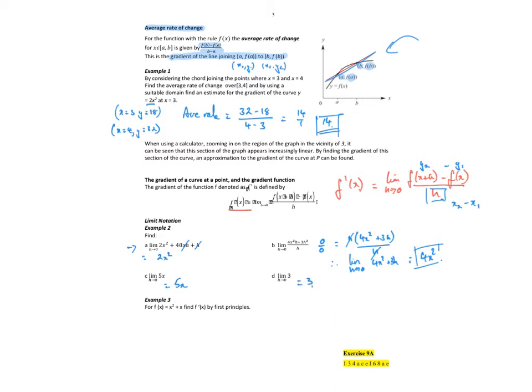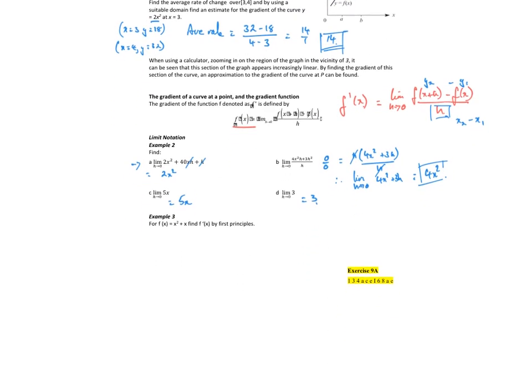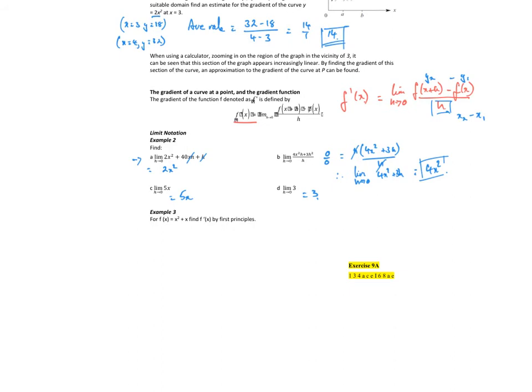Now, that leads us to one of the first things we did last year with our calculus, and that's finding the derivative from first principles, which is using that rule up the top there that's in red. Now, we don't have to do it often, and the reason we do it, let's consider what that rule says.